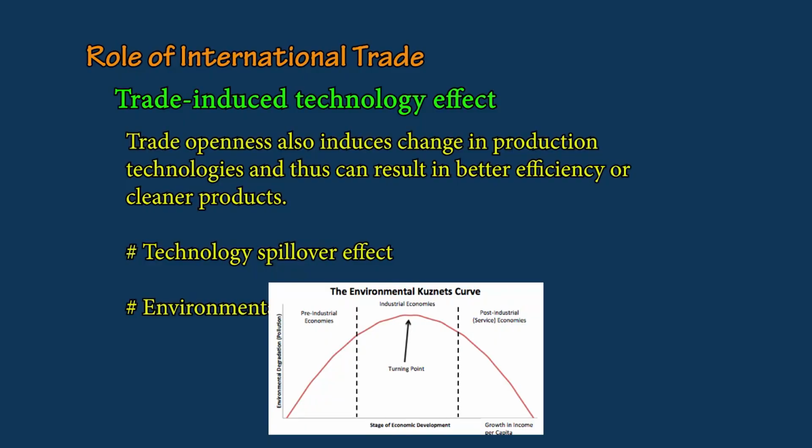Thirdly, the trade-induced technological effect. This says that with more and more trade, newer and better technology is adopted in the economies, and as a result, environmental quality improves. Now this happens through two channels, right? The first channel is called the spillover effect, right?